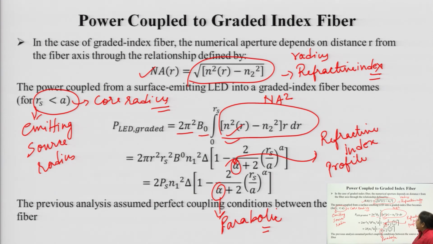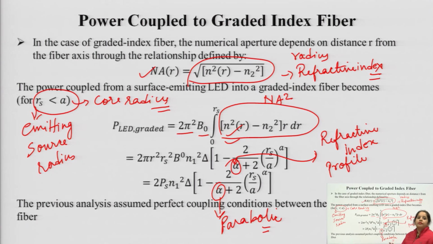The power coupled into the gradient index fiber depends upon various parameters. Of course, the first one is the radius of the emitting surface and the core radius, and also the refractive index profile. That is why this alpha term is a very important term, because it changes as the refractive index profile of the fiber changes.